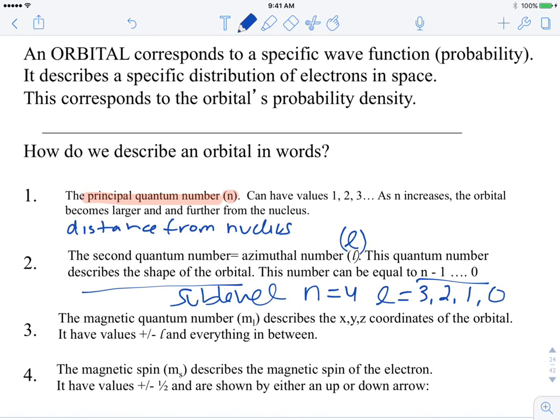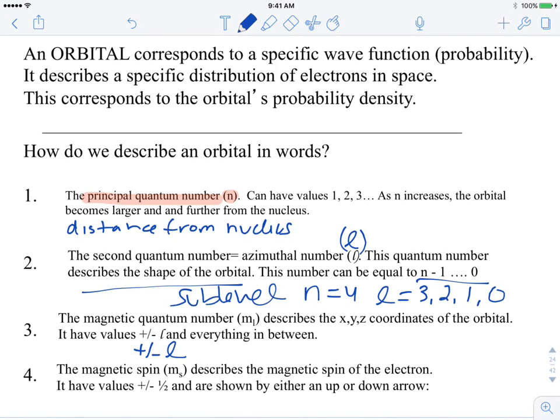The next number that describes an electron in an orbital is called the magnetic quantum number. It actually tells you the coordinates on the x, y, and z axes of where you would find the orbital. And this is plus or minus l.